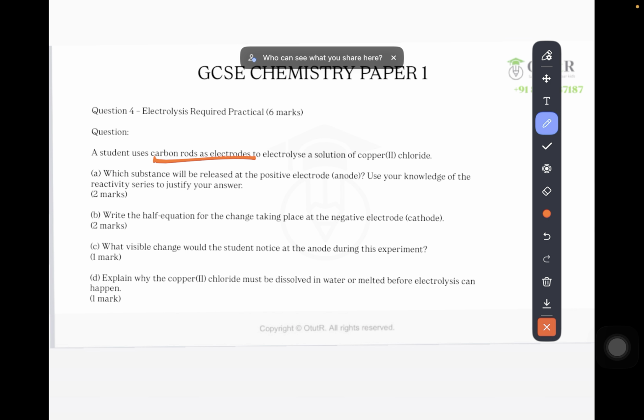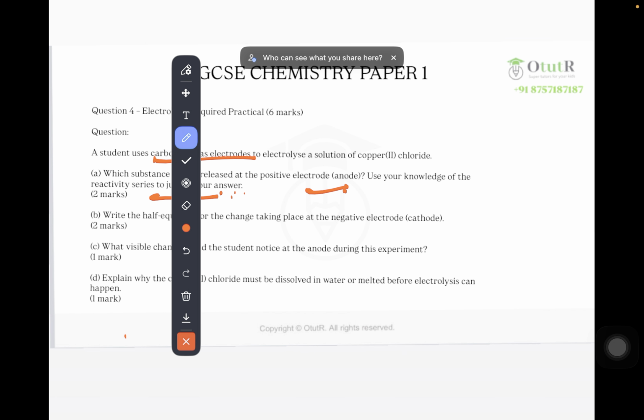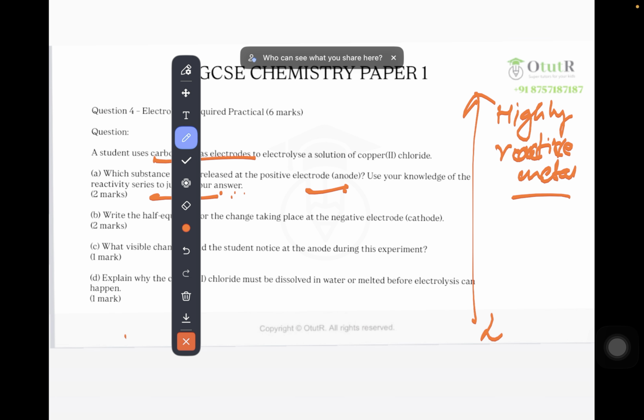Which substance will be released at the positive electrode, which is the anode? Use your knowledge of the reactivity series to justify your answer. Now, the reactivity series suggests what? Highly reactive metals and least reactive metals.